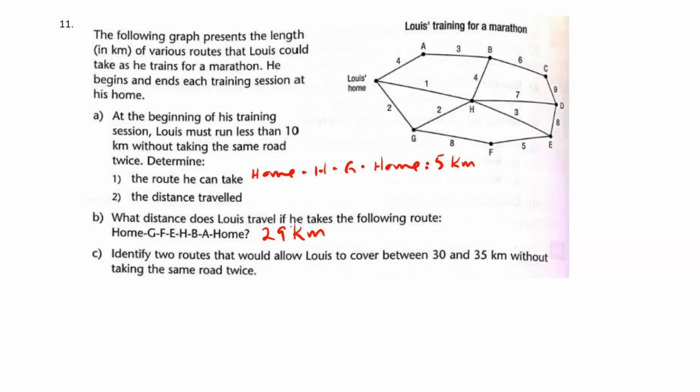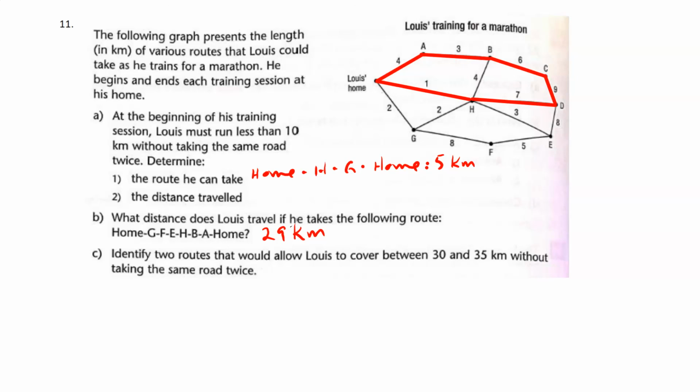Identify 2 routes that would allow Louis to cover between 20 and 35 kilometers without taking the same road twice. Well, let's start going on one of those longer routes that we discovered at the start. There's 4, plus 3 is 7, plus 6 is 13, plus 9 is 22, plus 7 is 29, plus 1 makes 30.